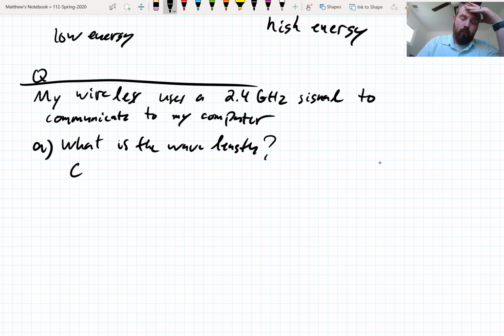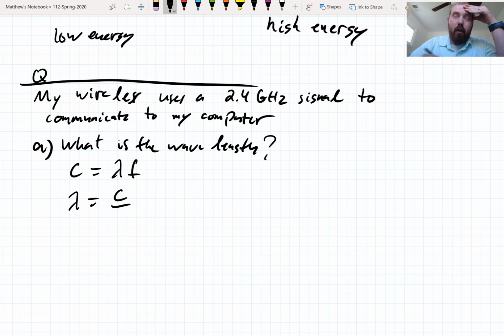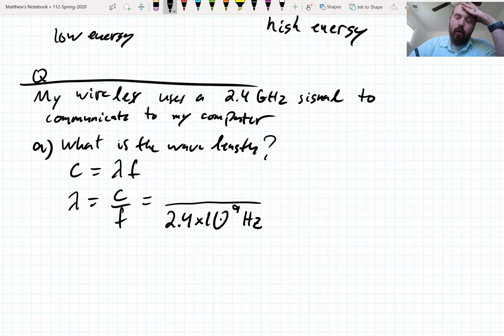Well, straightforward. If c equals f lambda, I know c, I know f, let's calculate lambda. That is equal to c over f. So that's going to be 2.4 times 10 to the 9th hertz, all over the speed of light, which we say is 3 times 10 to the 8th meters per second.